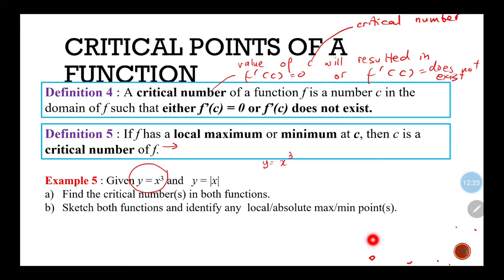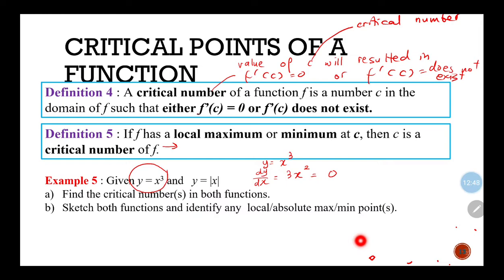To find the critical number, we have to differentiate the function, right? So differentiating y, dy/dx should be 3x squared. And we let it equal to 0 because we want to find the critical number.